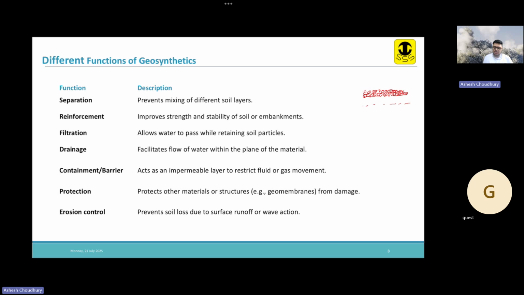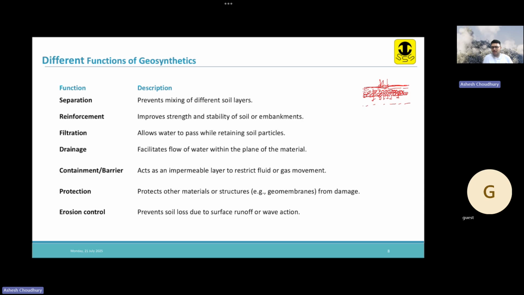Then again you are placing some soil layer, like this, for an unpaved road, for example. Now, if we do not do anything, generally what will happen is, if you apply some load, these aggregates will come inside, will try to go inside this soft soil subgrade, and there will be intermixing of the layers. Due to this, we will have an undulated surface over the top, and all those problems will happen.